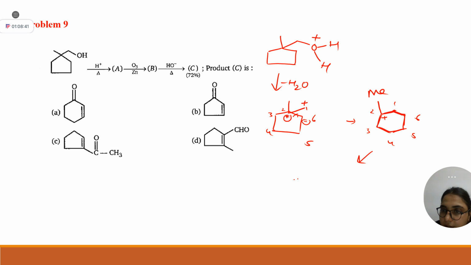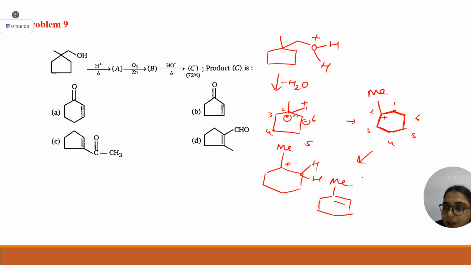And since heating is there, whenever you have a carbocation, students, there are two possibilities. One is a nucleophile will come and attack this carbon. Another possibility is elimination, and after elimination, you will get this product. Is the first step clear to everyone?